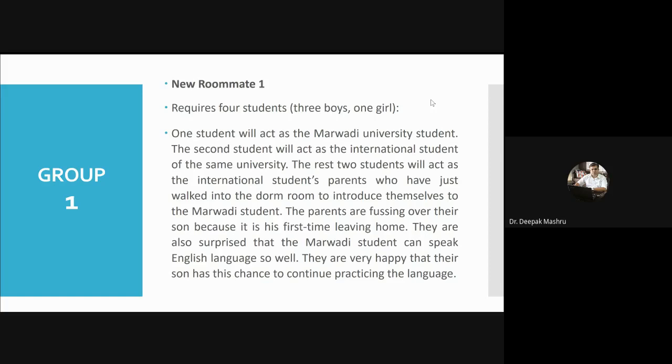They are also surprised that the Marwadi student can speak English so well. They're very happy that their son has this chance to continue practicing the language. Fine. So a minimum of one girl student is required so that the student can perform as a mother. So this situation's roles would be limited to this particular scenario only, right? So we need to go with this.